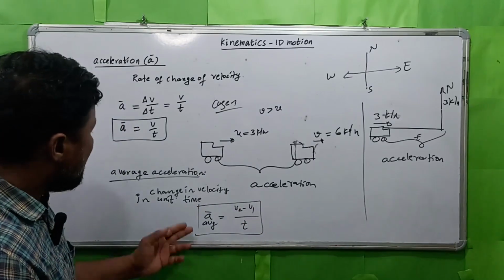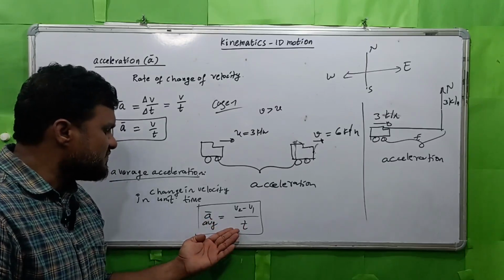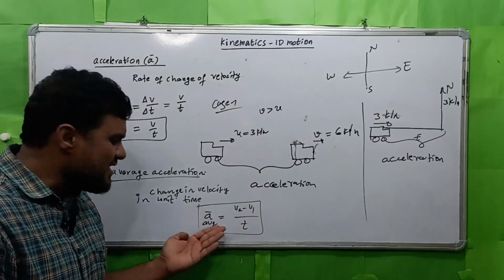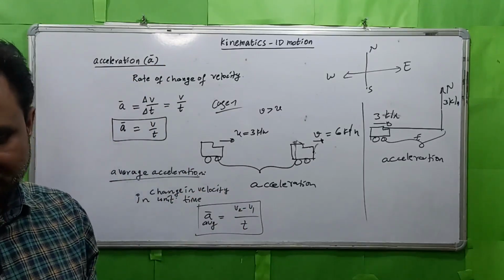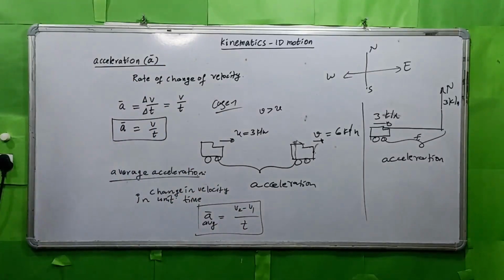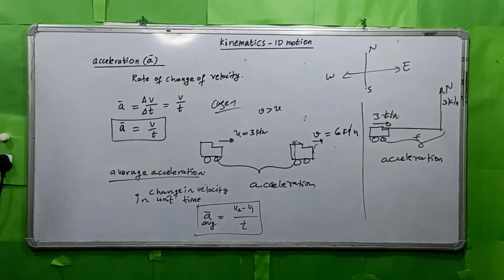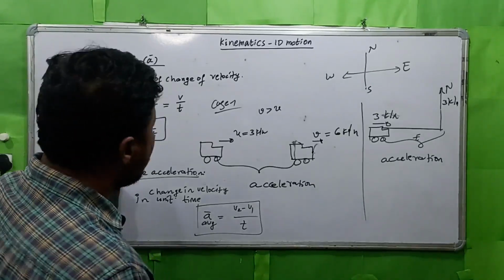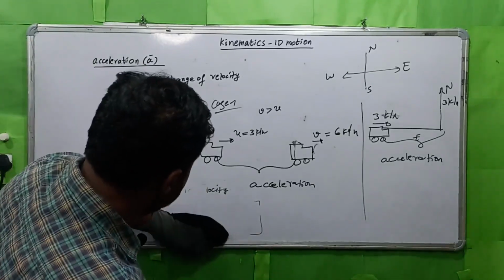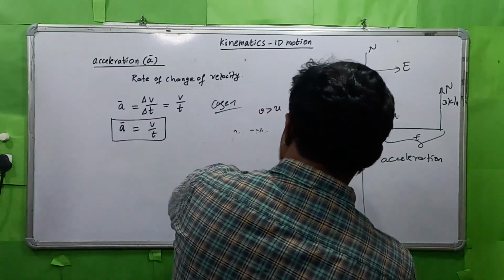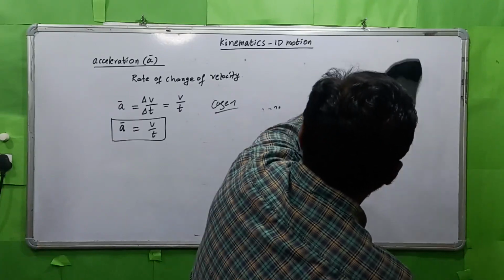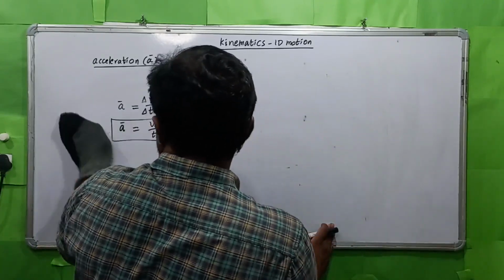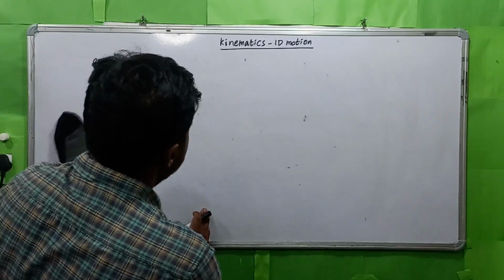Now what are the SI units for acceleration? Is acceleration a vector? The bar indicates that it is a vector. Acceleration is a vector quantity. I hope all of you understood what acceleration is. Rate of change of velocity is acceleration.